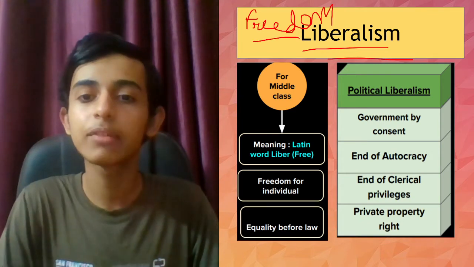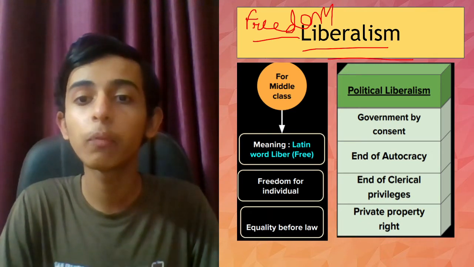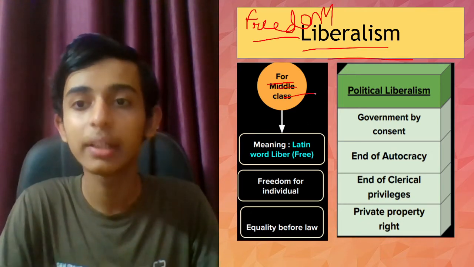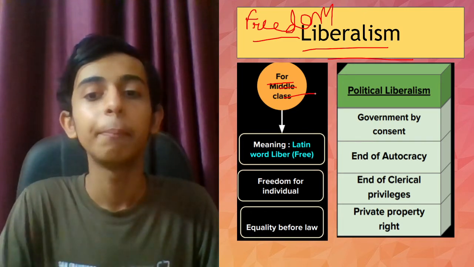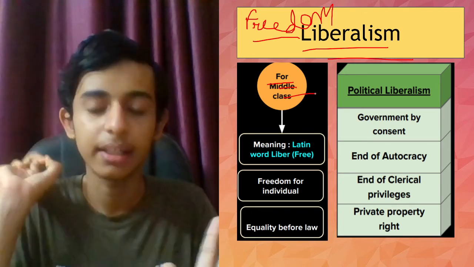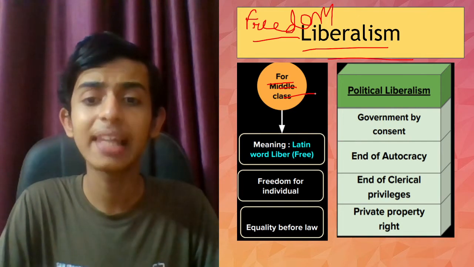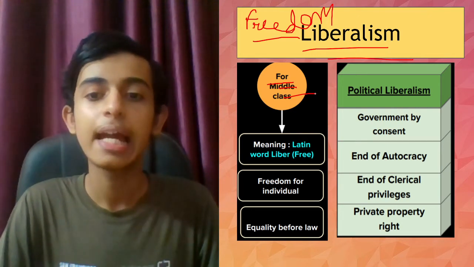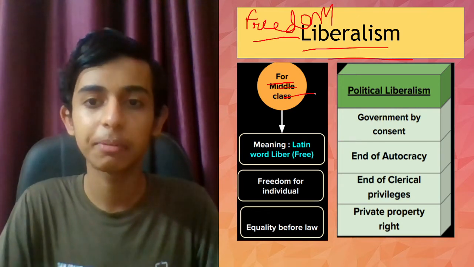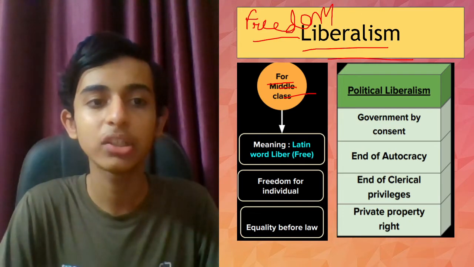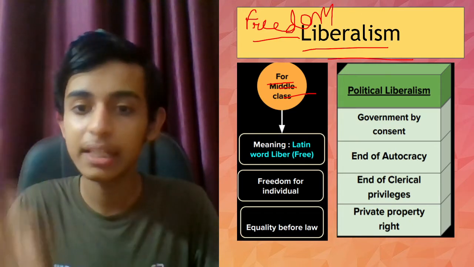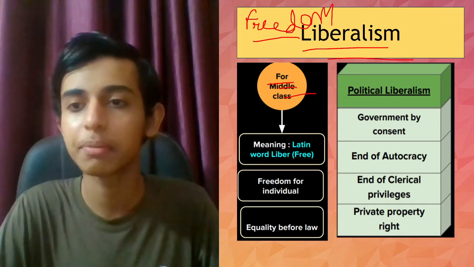Liberalism has been derived from a Latin word liber, which means free. Freedom for the individual, equality before law. What the middle classes expected was freedom for the individual and equality before law.